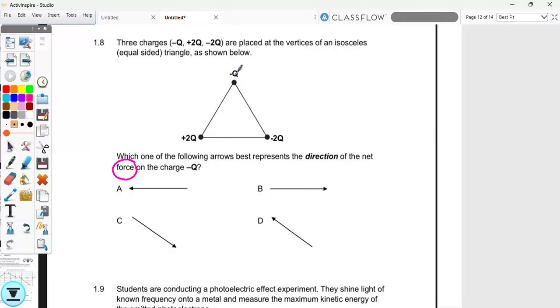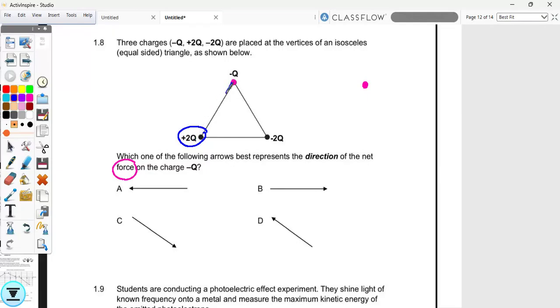So what I do is I take that minus q, highlight it, and draw a free body diagram for that thing. If I'm drawing a free body diagram for minus q there, I need to think which forces are acting on it. So it experiences a force because of this one, and this is a plus q, and that's a minus q. So what will a positive and a negative do with each other?